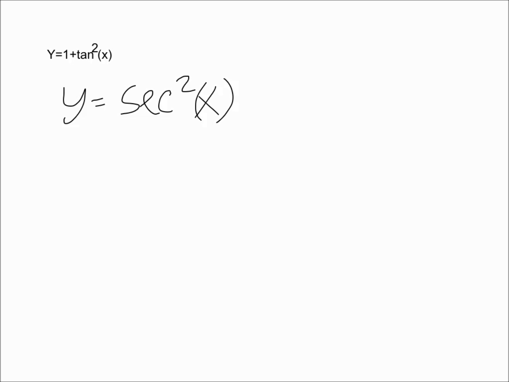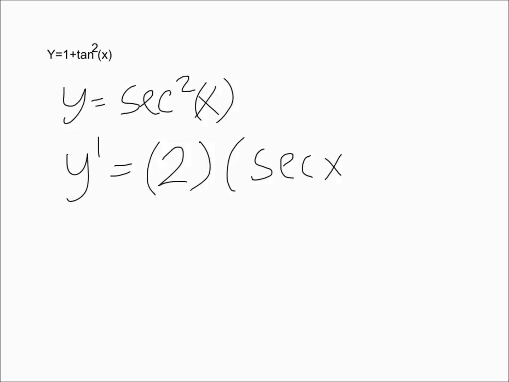And now you can simply use the power function to solve this. So y prime would be, because it's secant squared of x, we'll write the superscript first using the power function. So 2 times the secant of x to the 2 minus 1, so to the 1.